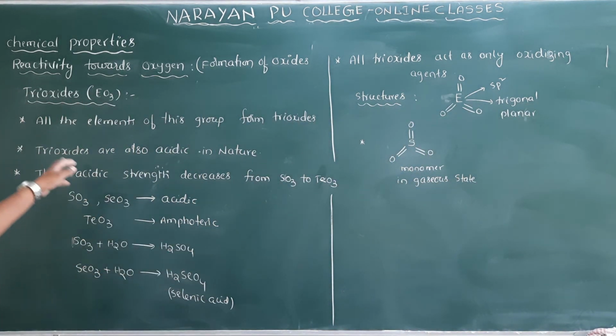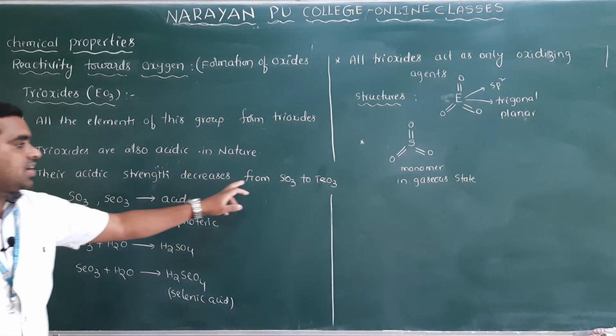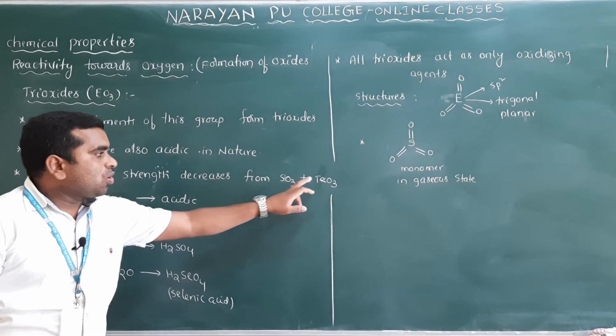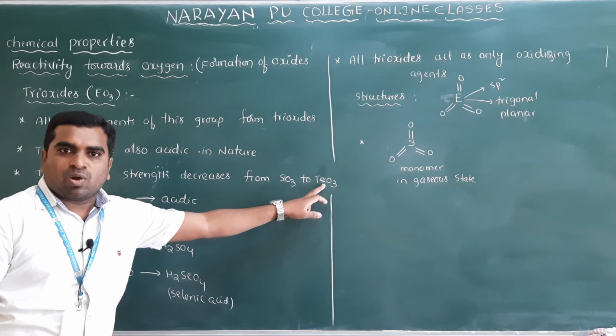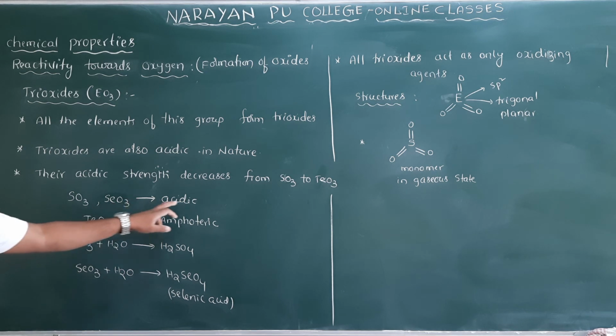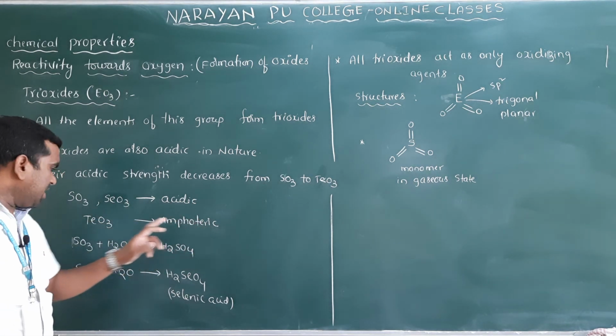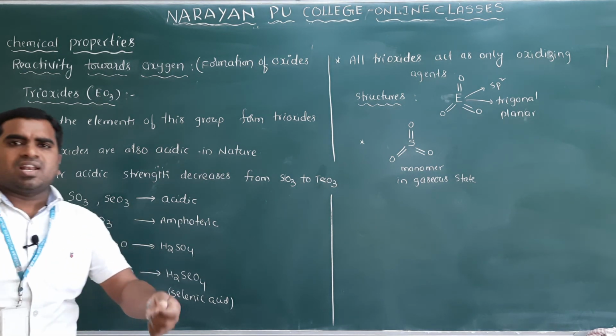So trioxides are also acidic in nature, but their acidic strength decreases from sulfur trioxide to tellurium trioxide. Clear ma? SO3 sulfur trioxide and SeO3 are acidic in nature, and TeO3 is amphoteric, and PoO3 is slightly basic in nature.